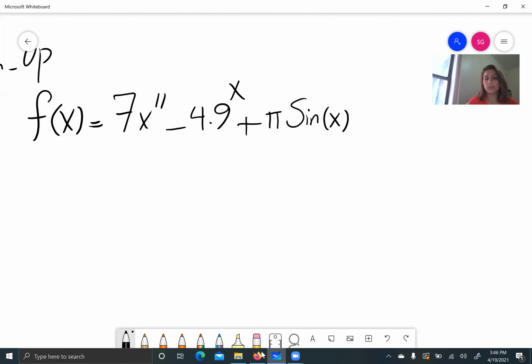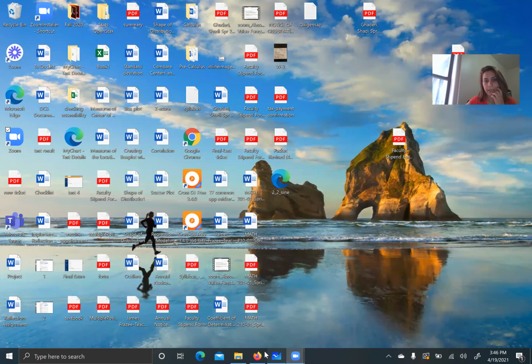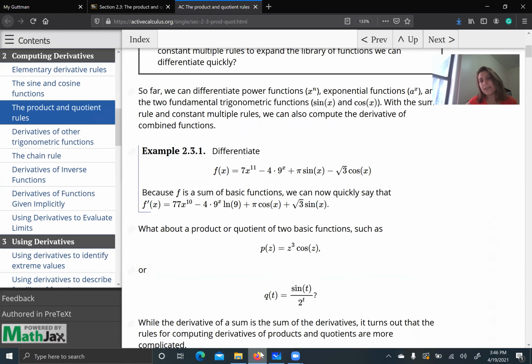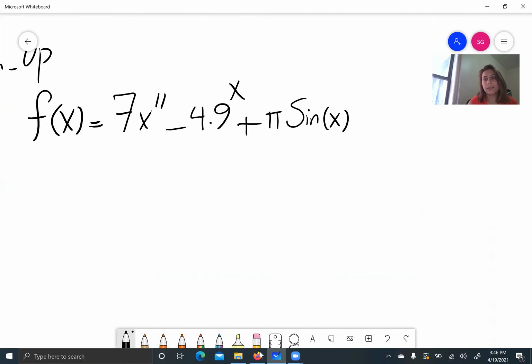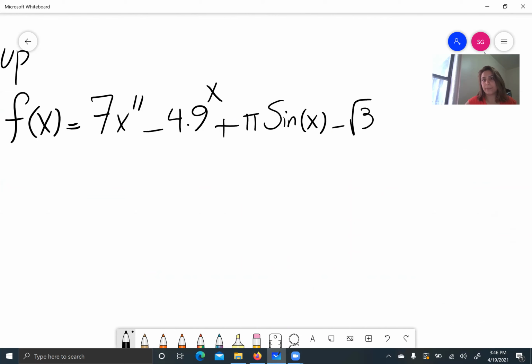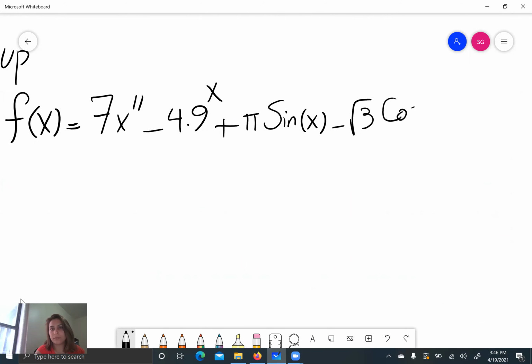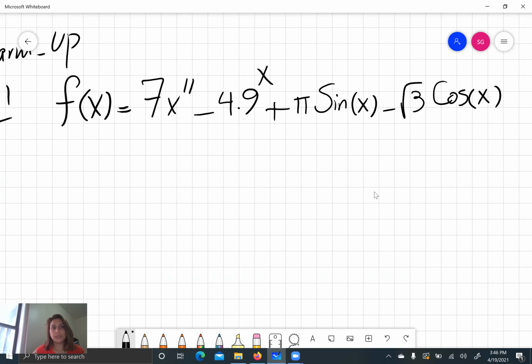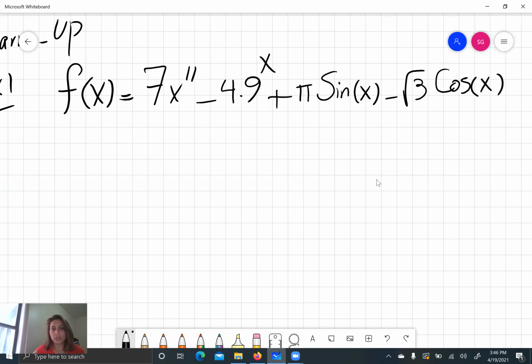This is a trig function. And then minus square root of 3 times cosine of x. Okay, so this is the function, and we want to take the derivative of this function.